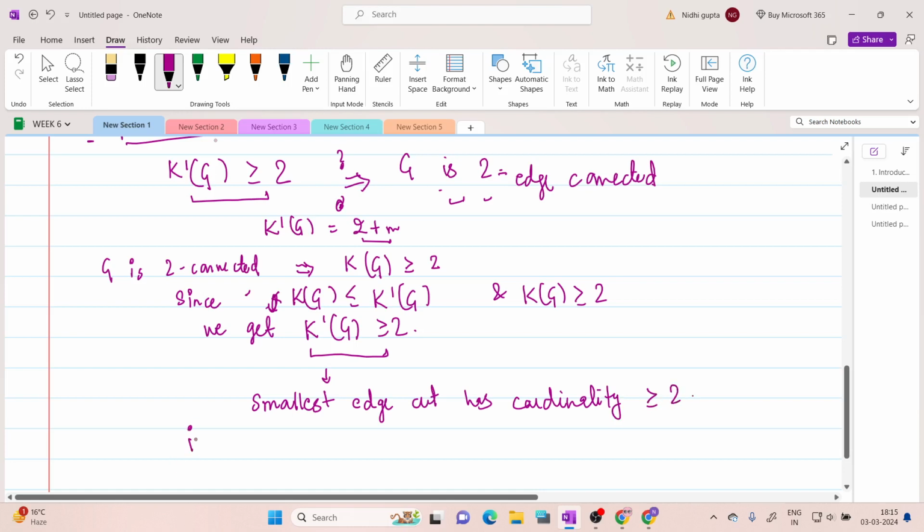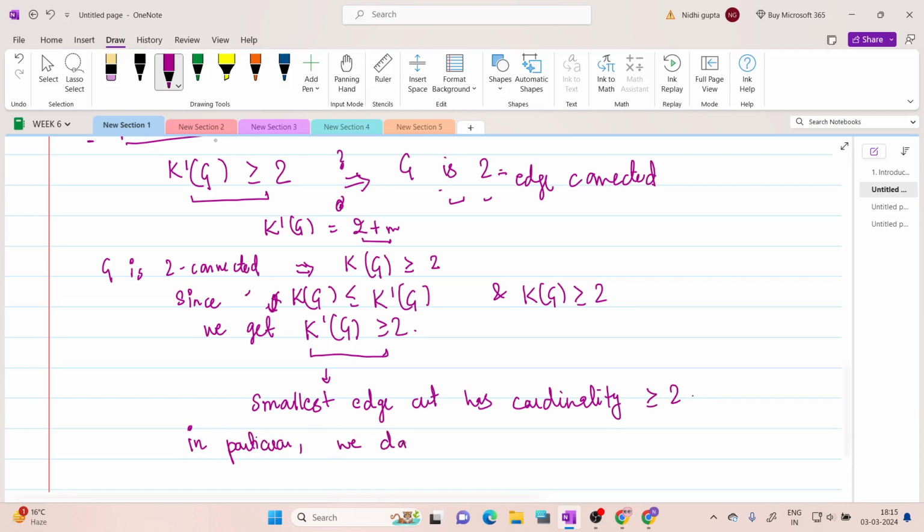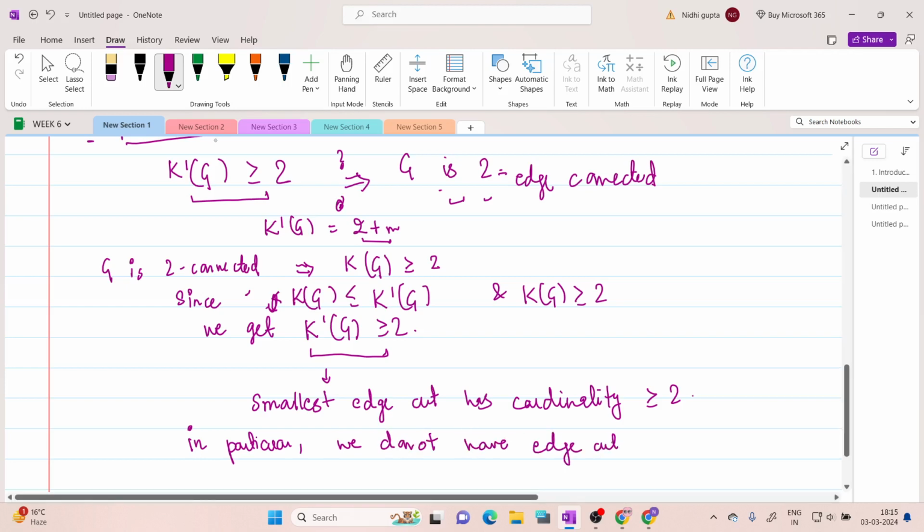So in particular, we do not have an edge cut of one edge.